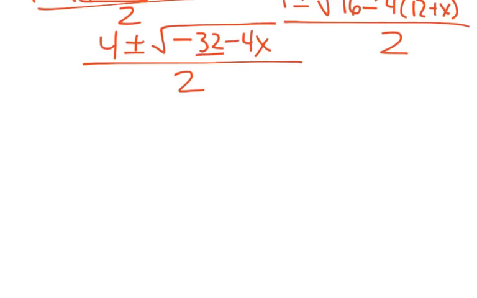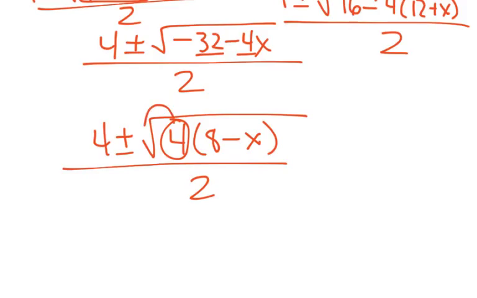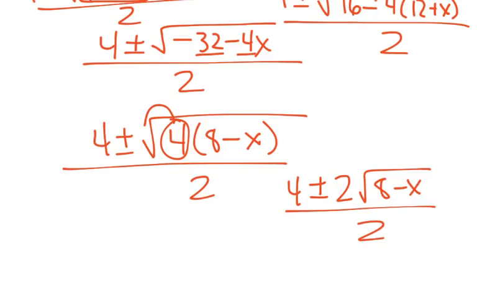Then we would see what we can pull out of both of those, which is 4. So it would be the square root of 4 times 8 minus x over 2, 4 plus or minus. Since that's multiplied, I could pull that out as a 2, so we'd have 4 plus or minus 2 square root of 8 minus x over 2.